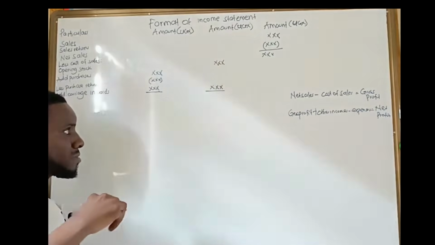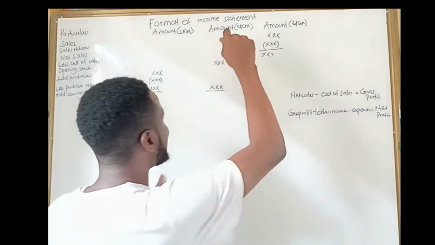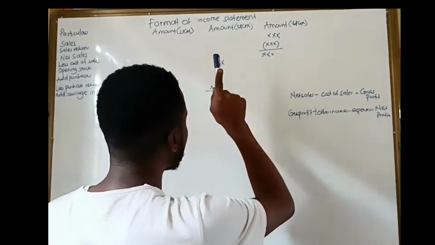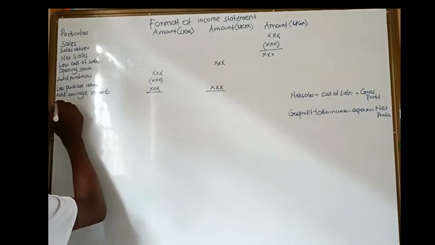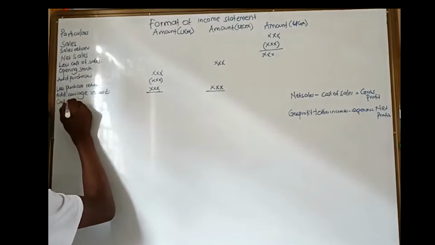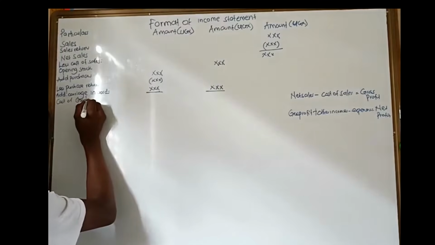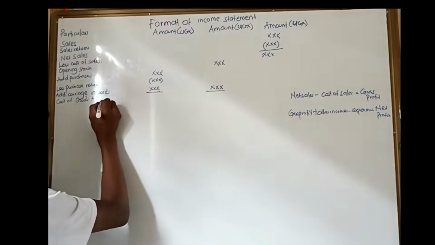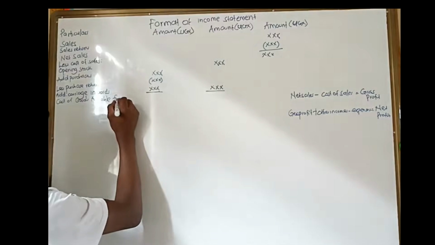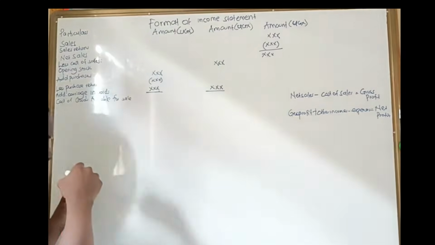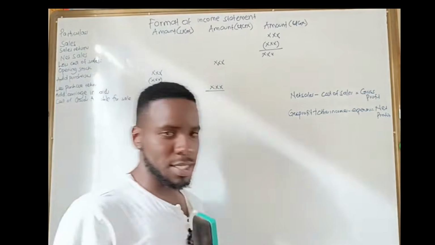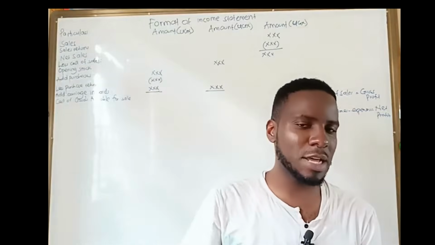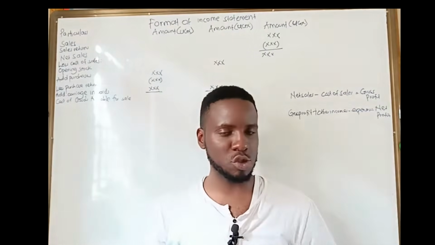So, when I add up my opening stock plus my net purchases, I get what they call cost of goods available for sale. Meaning, remember, I told you that you are coming from the previous year into this new year.